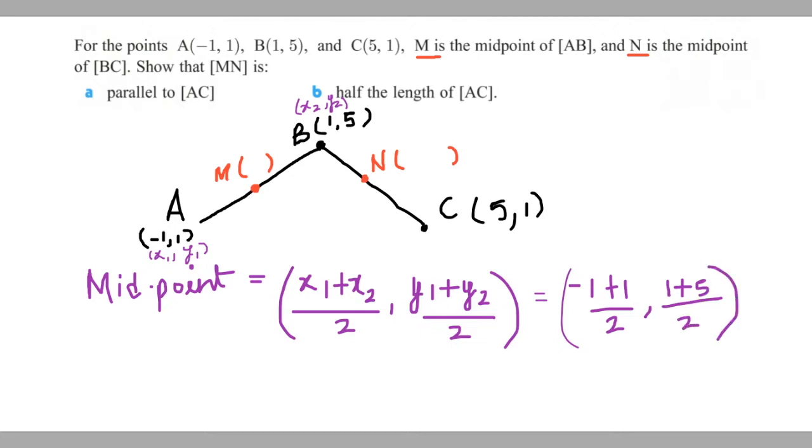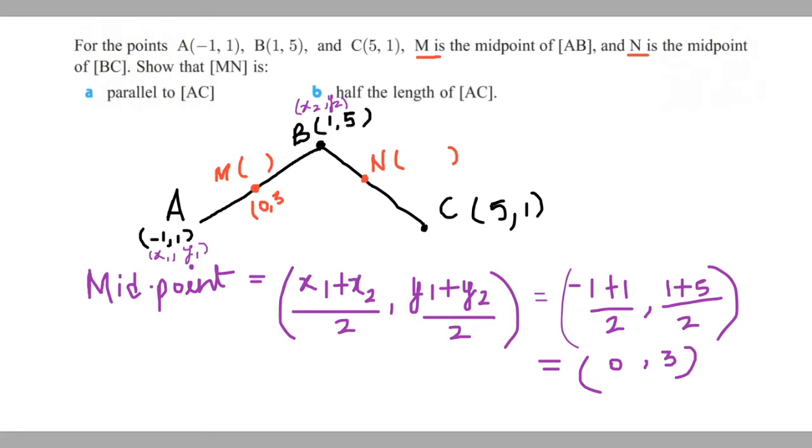This is x1, y1 and this is x2, y2, and I applied the midpoint formula. So the first one would be 0 upon 2, which is 0. This will be 6 upon 2, which is 3. So I got the coordinates of M. It is (0, 3).